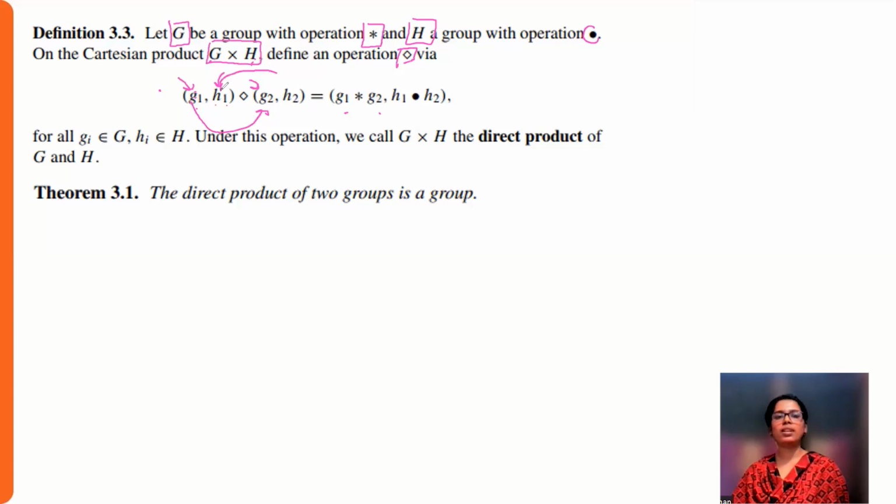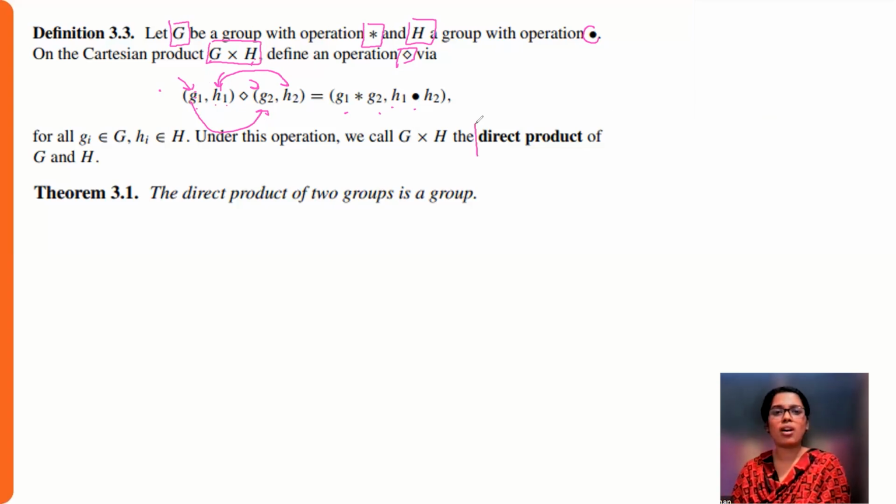And H1 will compose with H2, so we get H1 dot H2, right? So this is how we can define a new group if we are given two groups.